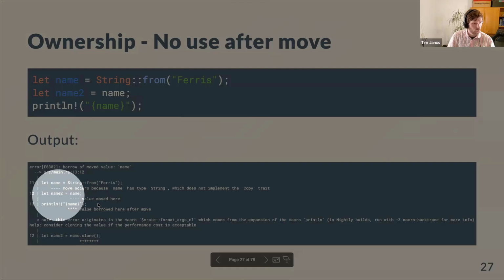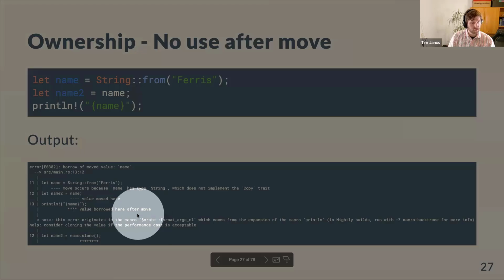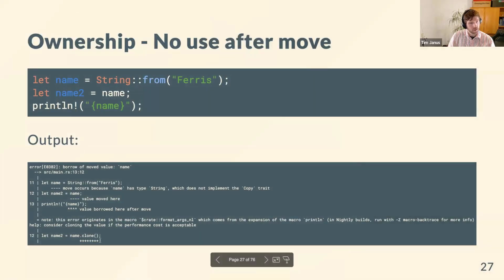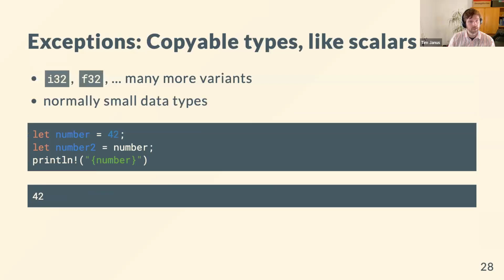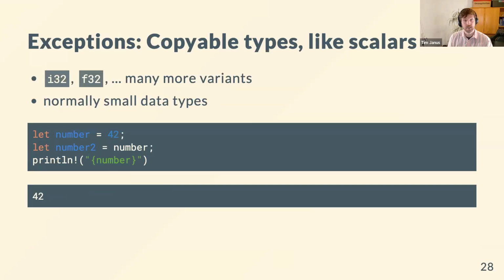Then it shows you the line where the value has been moved and where it has been borrowed after the move. It also gives you a tip to maybe clone the data, which is a deep copy, instead. And I think that's very helpful if you're not, let's say, scared by these long messages, but really try to go through them one by one. Also with the theory we will come up with here.